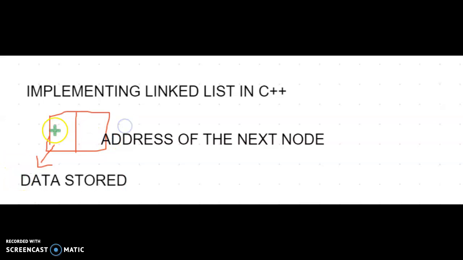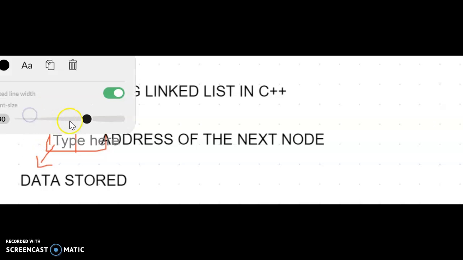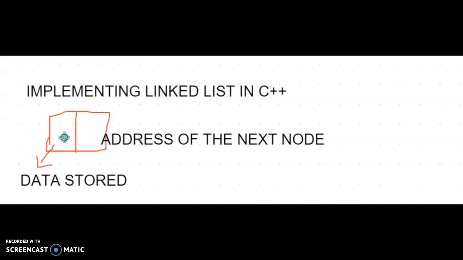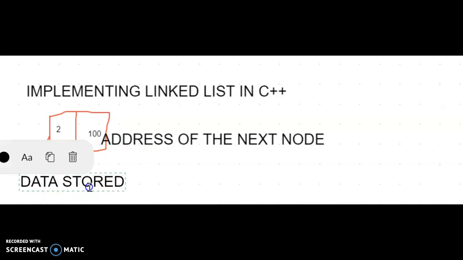So we can say that it looks something like this, with maybe a smaller one, size of 2, and the address is 100. So in order to complete this, the structure looks like this. Let me just show you how it looks.